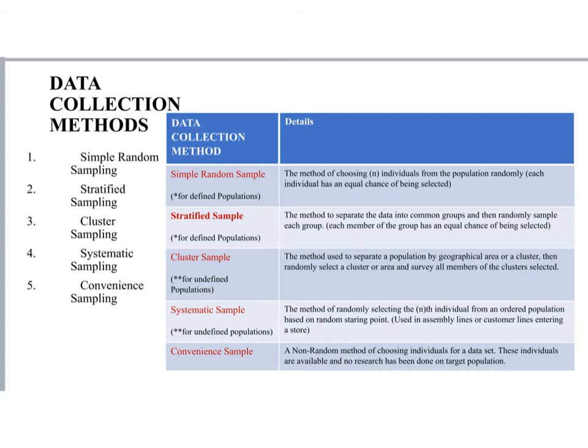This is a method of randomly selecting the nth individual from an ordered population based on a random starting point. And this is usually used in the manufacturing process of assembly lines or customer lines entering a store. Finally, we have convenience sampling, a non-random method of choosing individuals for a data set. These individuals are available and no research has been done on the target population.